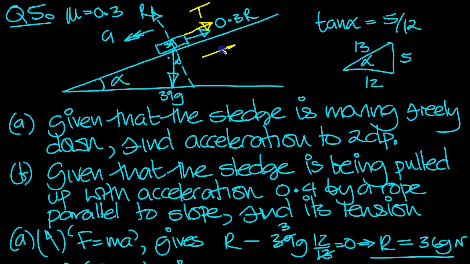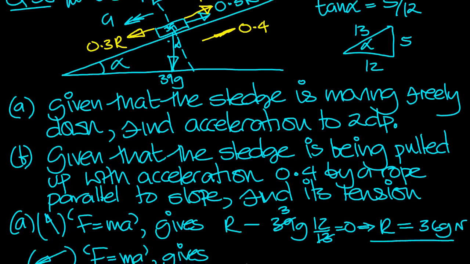It's being pulled up, and it's got an acceleration of 0.4 meters per second squared. The weight still acts down. The reaction component is still the same, isn't it? There's no change to that. But instead of the resistance force acting in that direction, it simply acts here, 0.3 R.